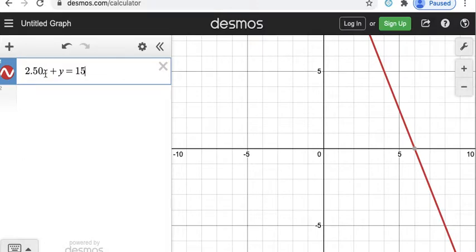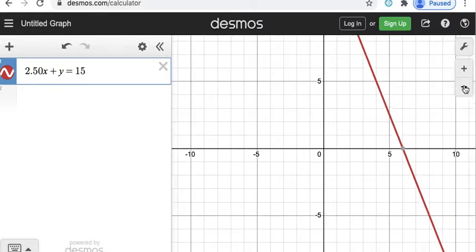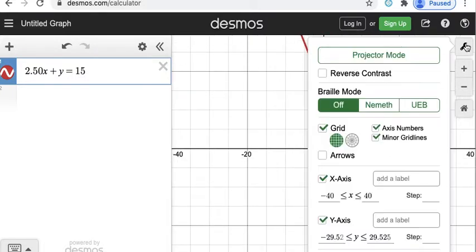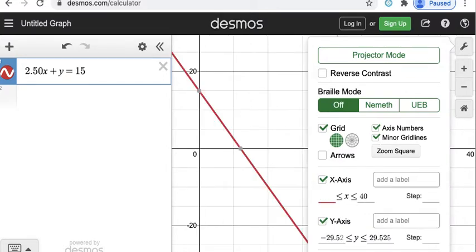So there's the line. Now I can't see all of the line in the viewing window, but remember what you can do is click on this wrench right here, and that will allow you to change the viewing window. Or you can zoom in and out by clicking the plus and minus button. So I'm going to change my viewing window here.